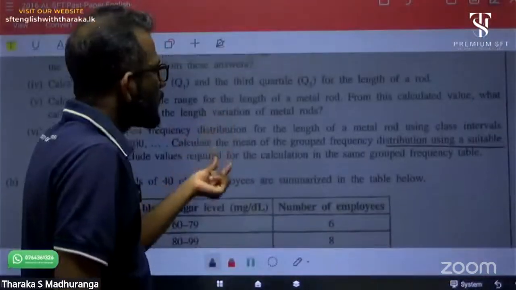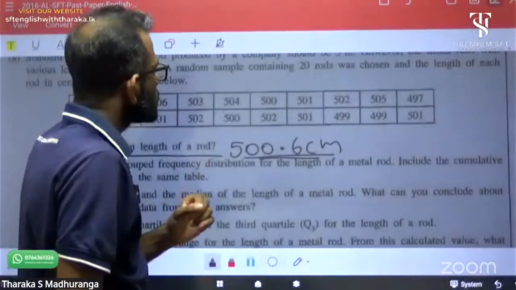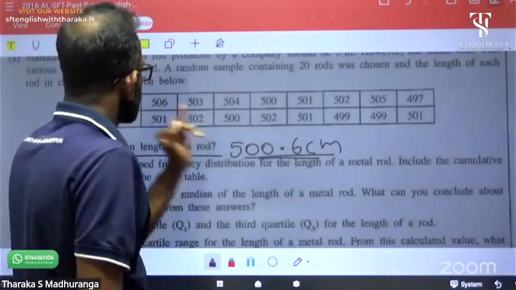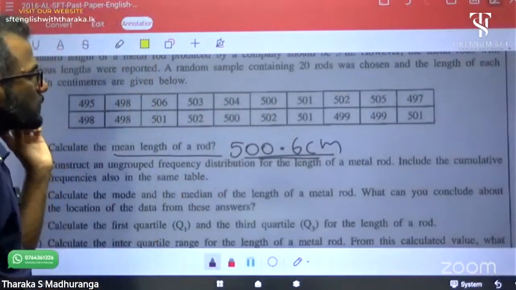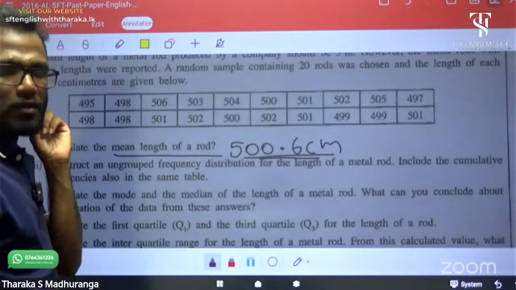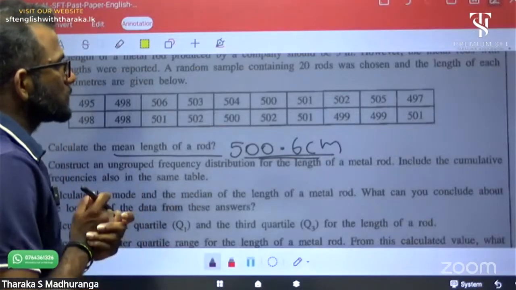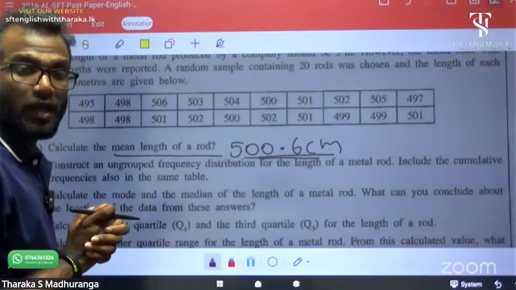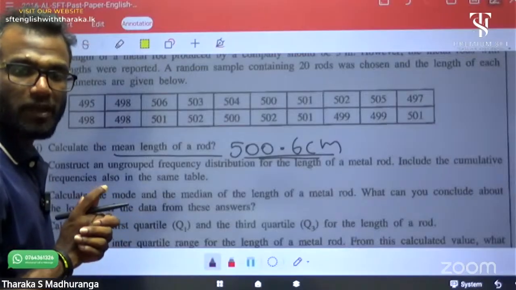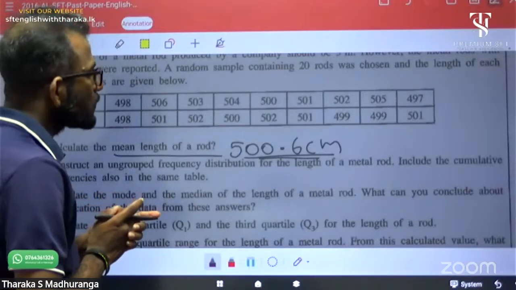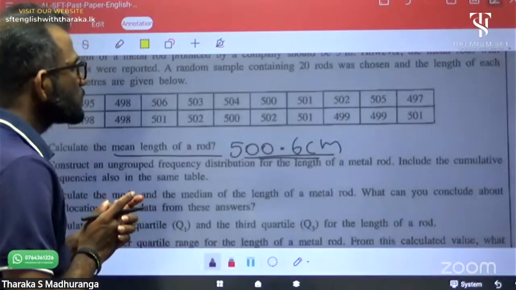495. And what is the maximum value of this distribution? That's very important for our class limits. Find the maximum value of this distribution.